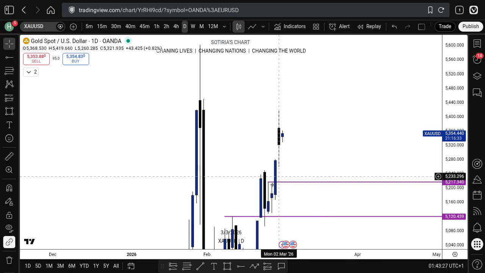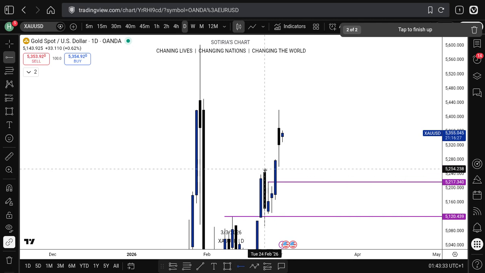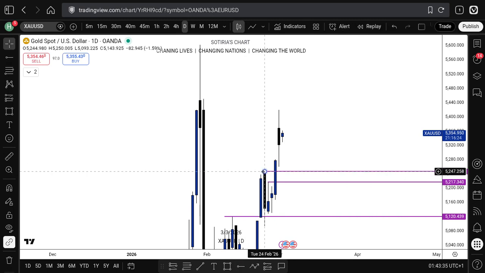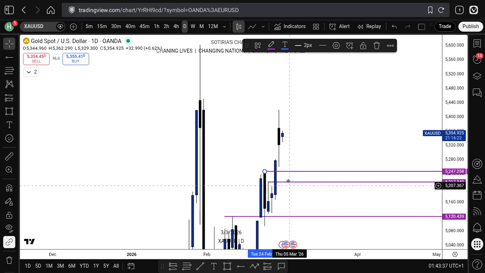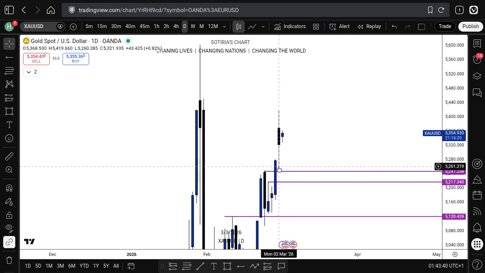I have another block around here. This is the confirmation of the whole level of the other block, this bearish candle, and then I have an FVG present. So I'm expecting a reaction on this level right here.